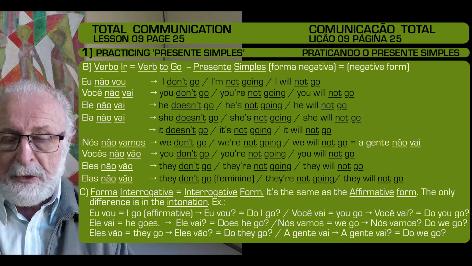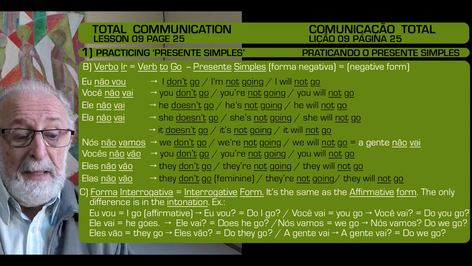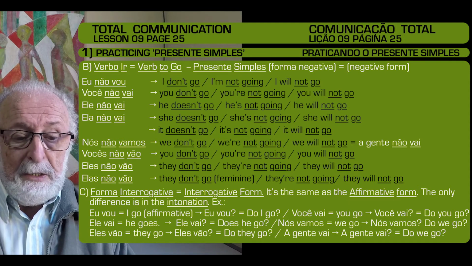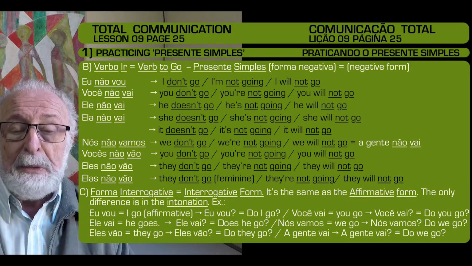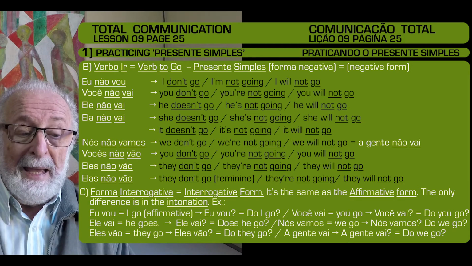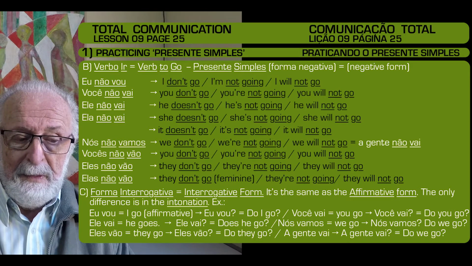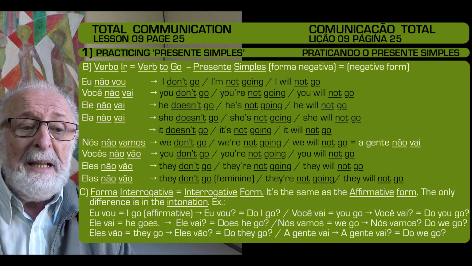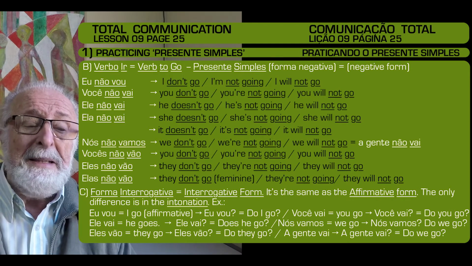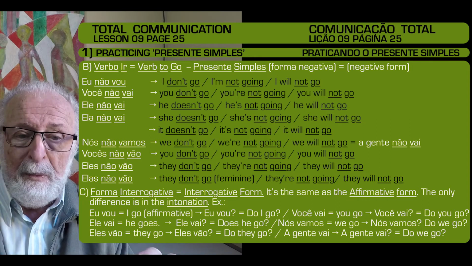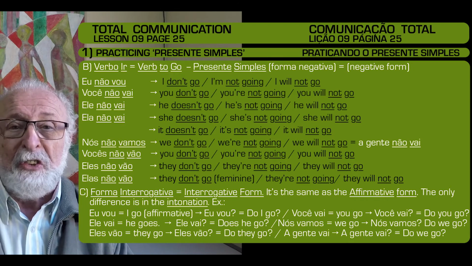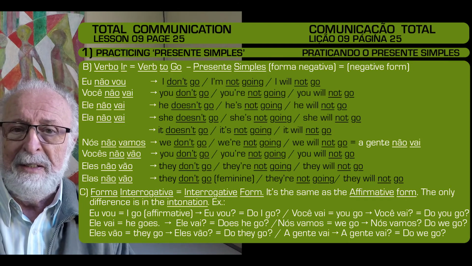They will not go. Okay? Elas não vão. They don't go. They're not going. They will not go. You see, the negative is you just put that não. Eu não vou. Just that não. We don't have any auxiliary verb in this case.